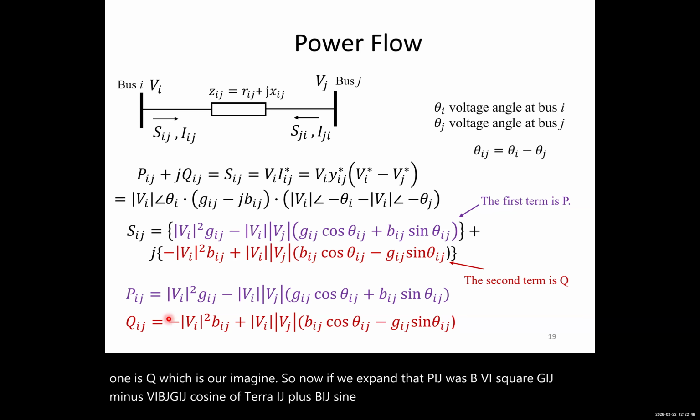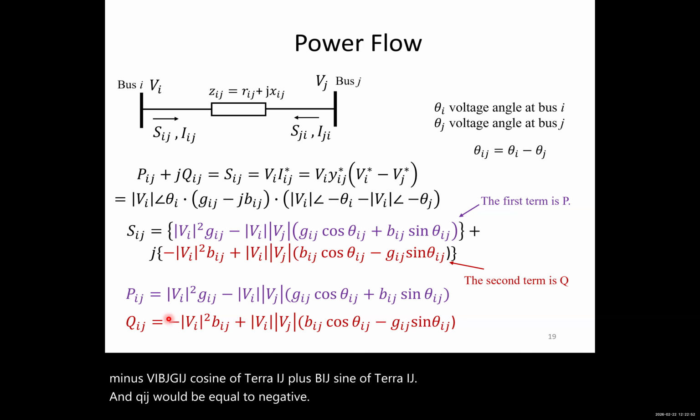And Qij would be equal to negative Vi squared Bij plus Vi Vj times Bij cosine theta ij minus Gij sine theta ij.